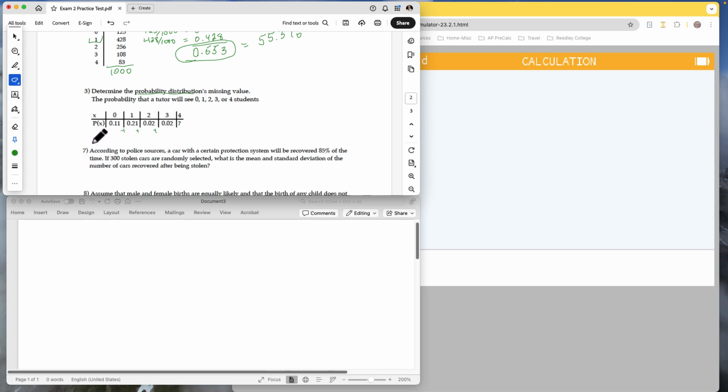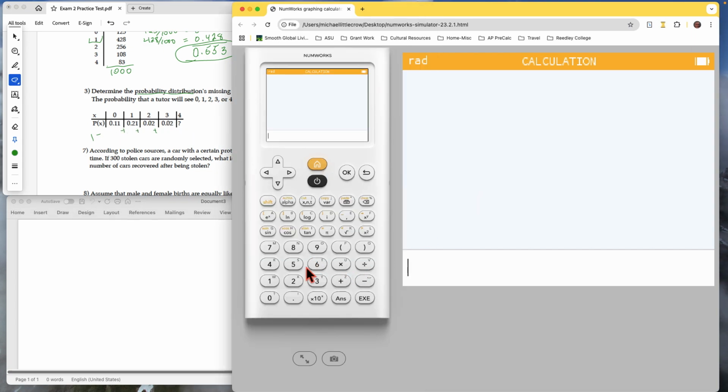So we could start off by putting in our calculator 1 minus, and then a parenthesis, because we're going to add all the red values, or you could subtract each one. However you do it, just make sure you get the proper order of operations. So those are going to give us a total.